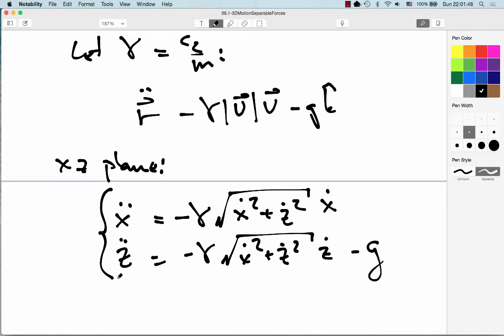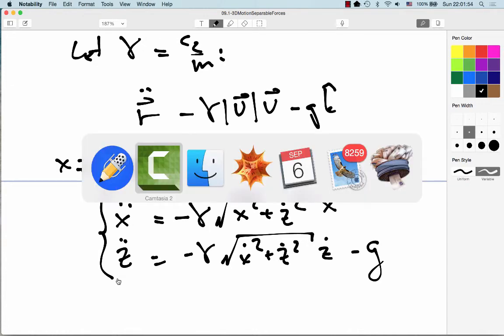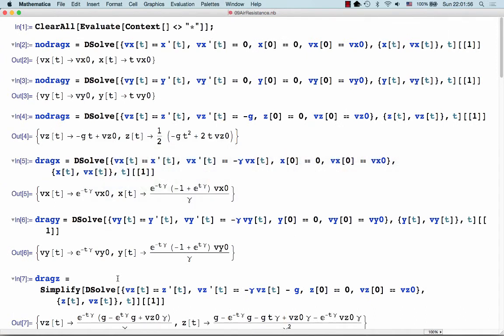And in fact, the only way you can really go about this is by numeric methods, which I've queued up here. So I went ahead and had Mathematica do the no drag case and the linear drag case just like before.